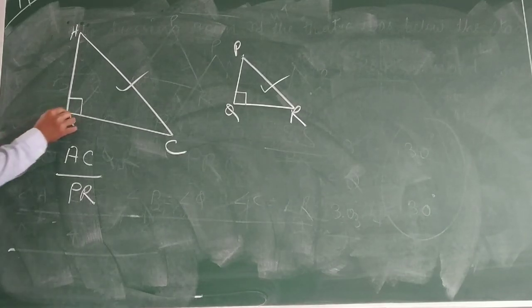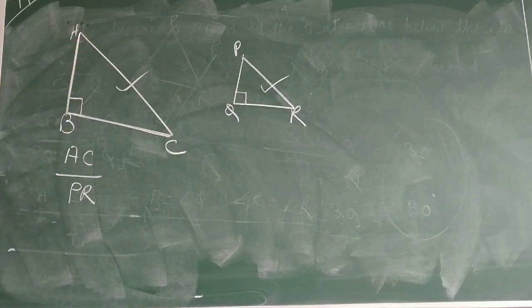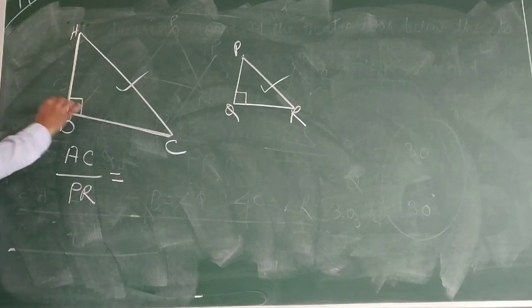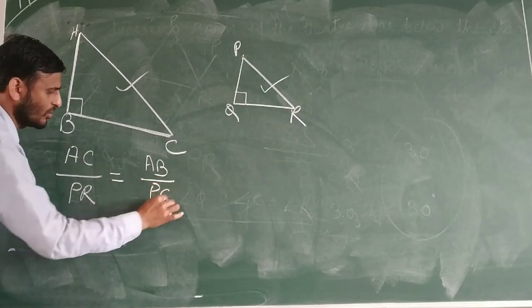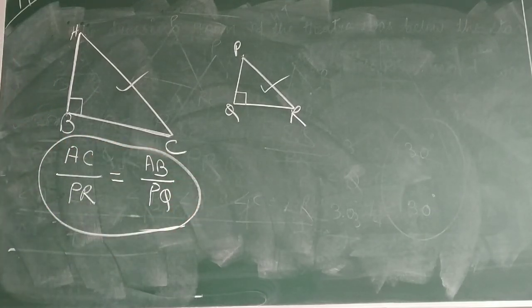There are two sides left, BC and AB of one triangle. So if the ratio of the hypotenuse is proportional to the ratio of any corresponding sides of these two triangles, suppose I am taking side AB, so the ratio must be AB to PQ. If this type of condition appears, then we can say that these two triangles are similar.